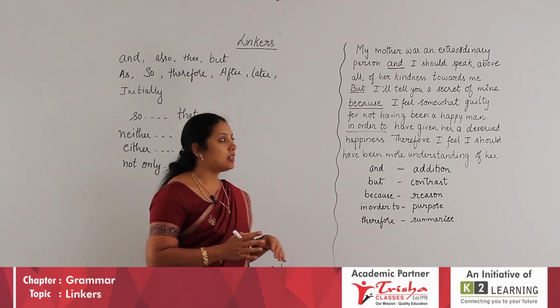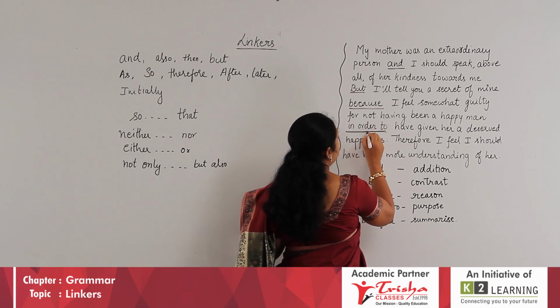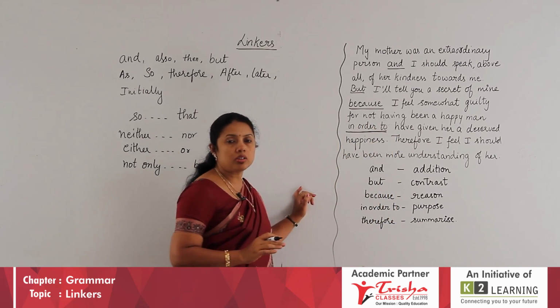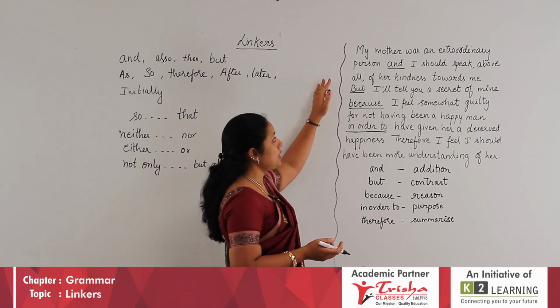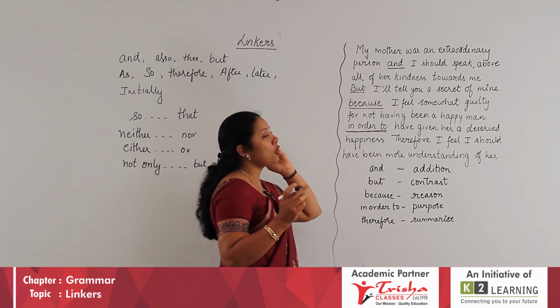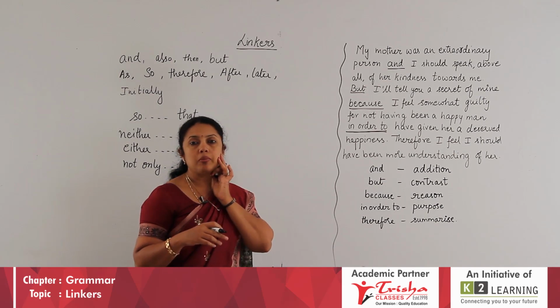There are 4 linkers underlined, and all these 4 underlined linkers have a different function. They perform different activities. The first one: my mother was an extraordinary person, I should speak about her kindness towards me.